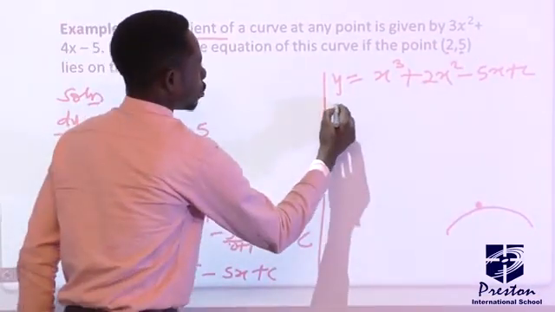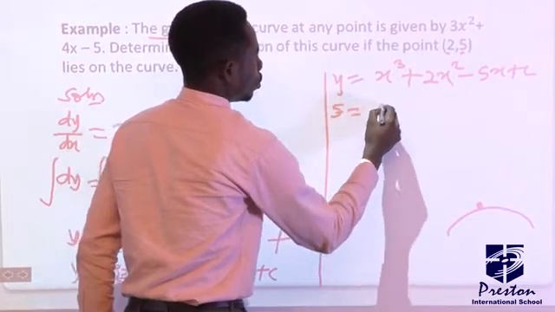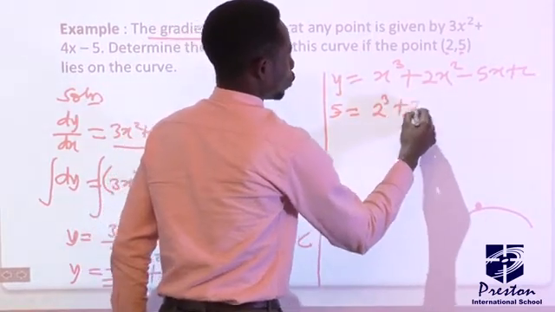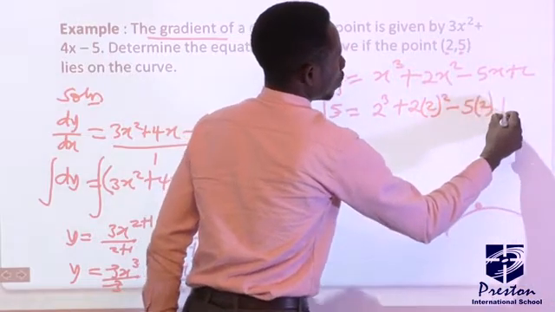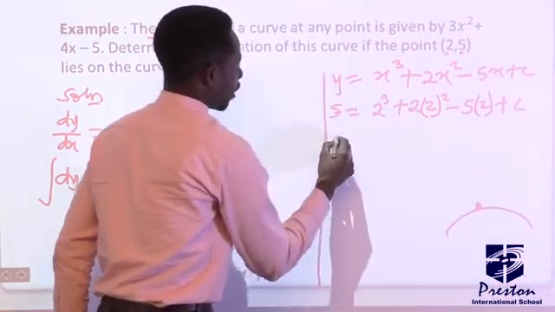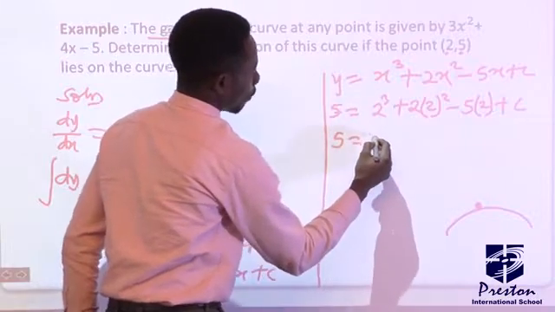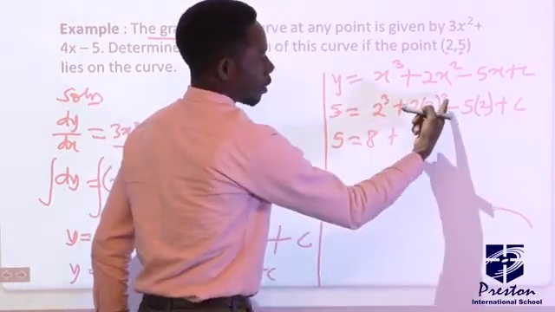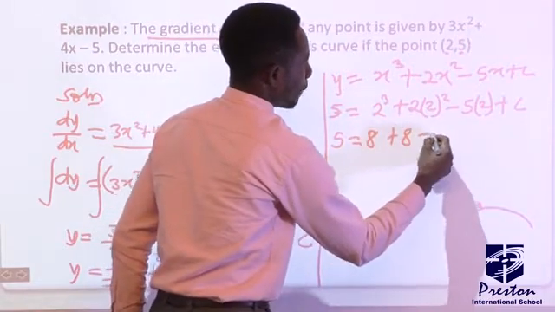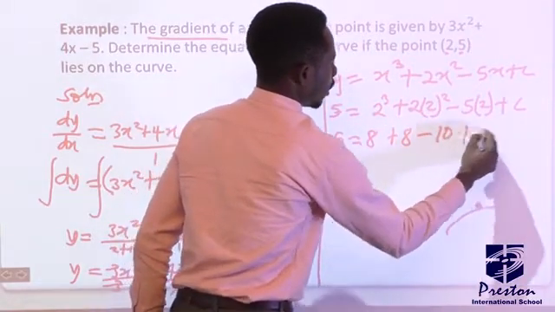So let's introduce that. We have 5 is equal to 2 raised to the power 3 plus 2 into 2 raised to the power 2 minus 5 into 2, then plus c. So we can have our 5 to be equal to 2 raised to the power 3 will give us 8, plus 2 times 2, that is 4, times 2, that is 8, minus 5 times 2, which is 10, then plus c.